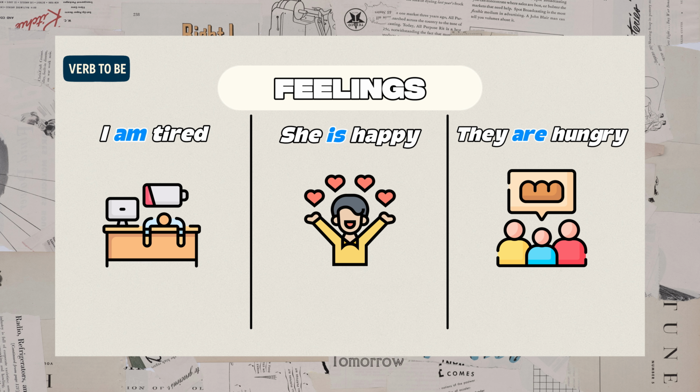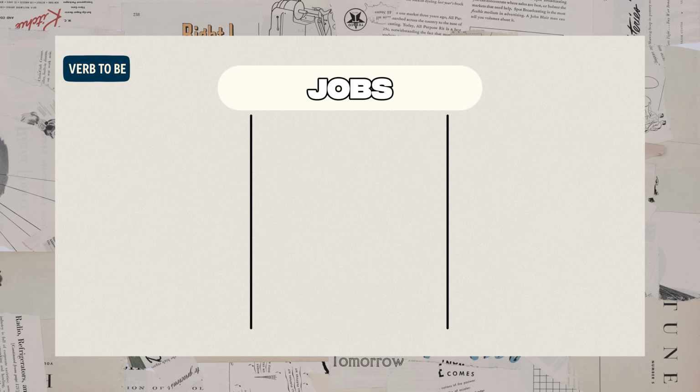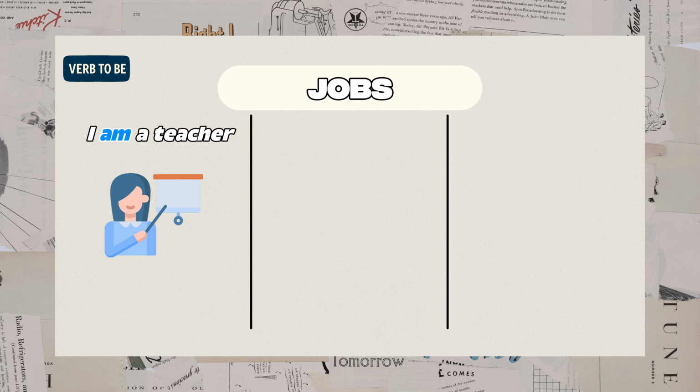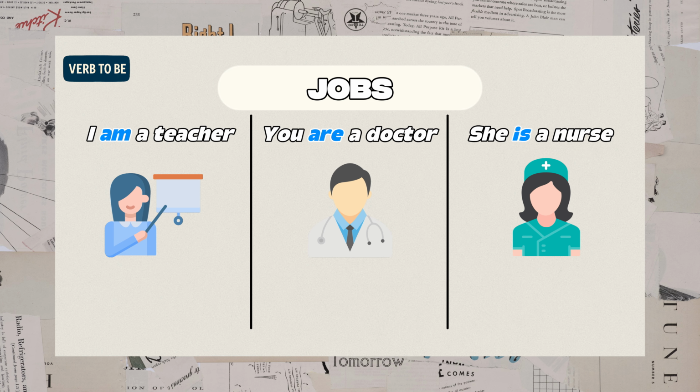Are is the verb to be. 2, we use the verb to be to talk about jobs. I am a teacher. Am is the verb to be. You are a doctor. She is a nurse. Is our verb to be.